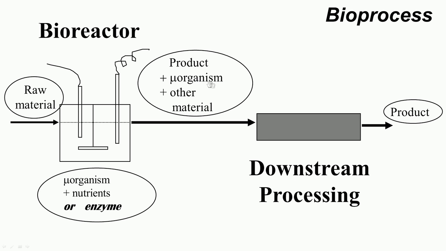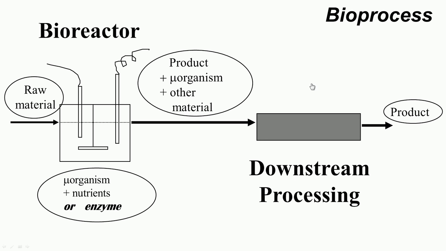This product needs to be separated out from all this for its proper use, and that is done by what are called the downstream processing steps. A large number of steps including distillation, extraction, and so on, till we get the final purified product. This is what the bioprocess is.